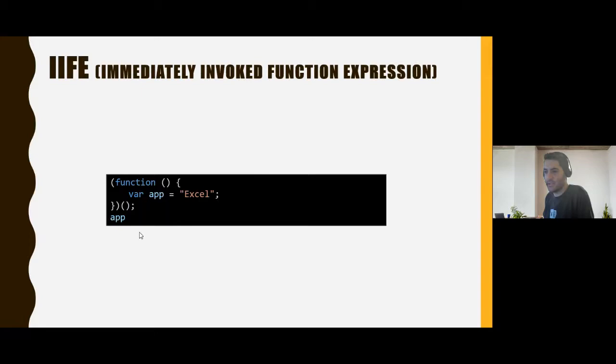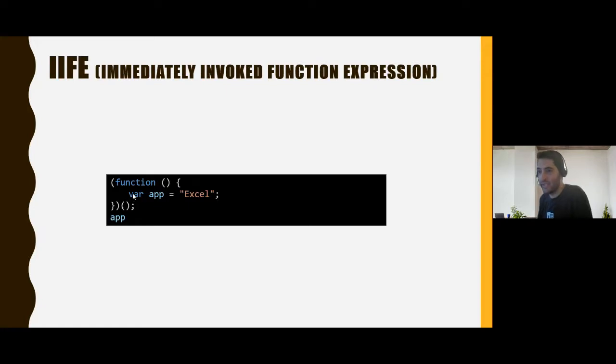We do it because, as I said before, all the variables inside a function are function scoped and locally scoped. And in many cases, we have many JavaScript files in one application, right? We don't have just a main.js. We have many JavaScript files, and they all share the same global scope. In JavaScript 1, we might have a variable called app, and in JavaScript 2, we might have another variable called app, and we don't want it to be the same app.